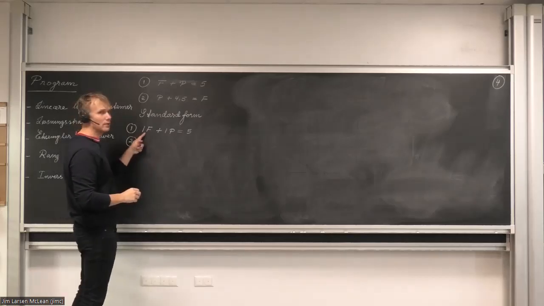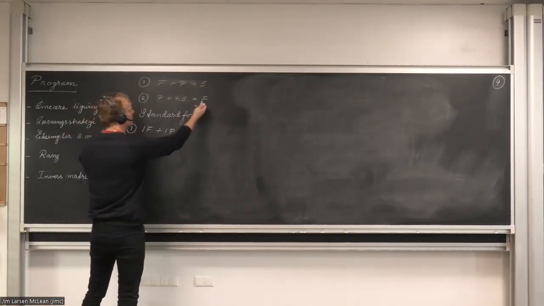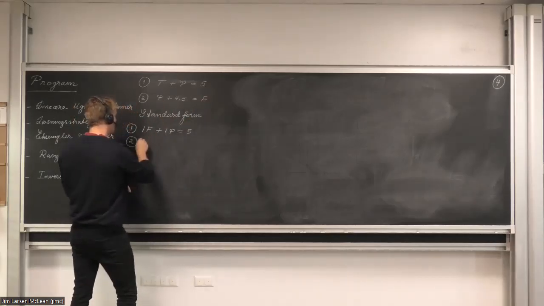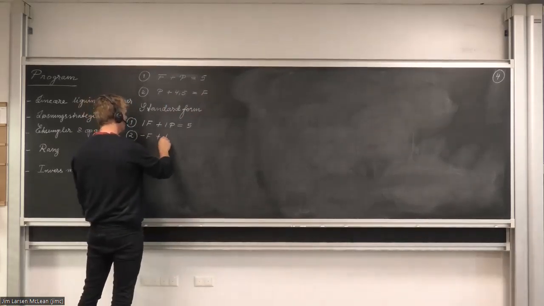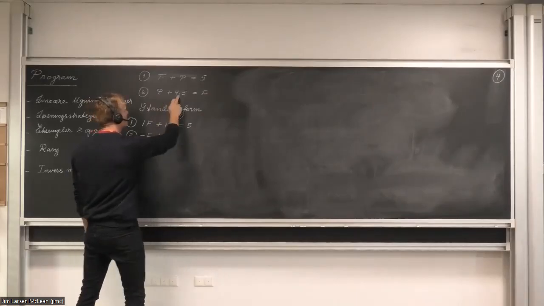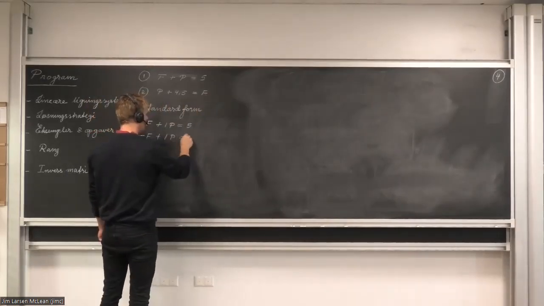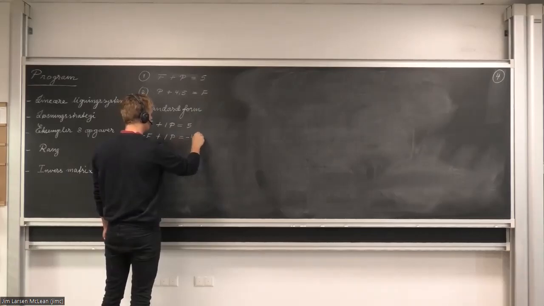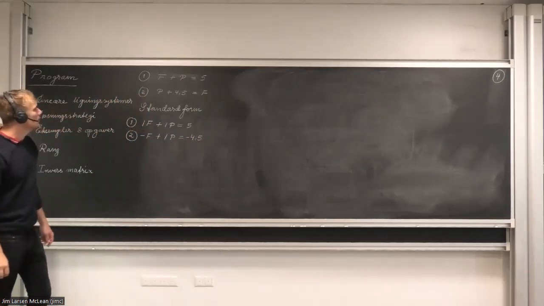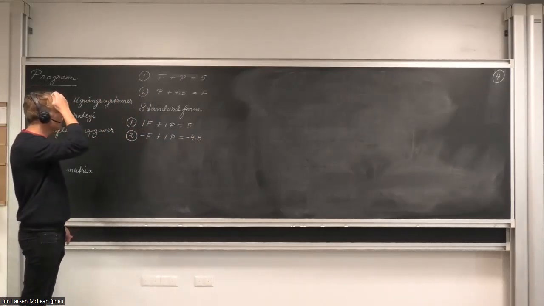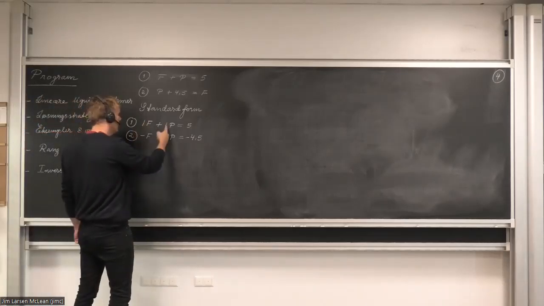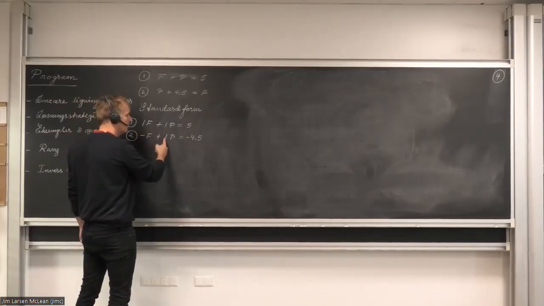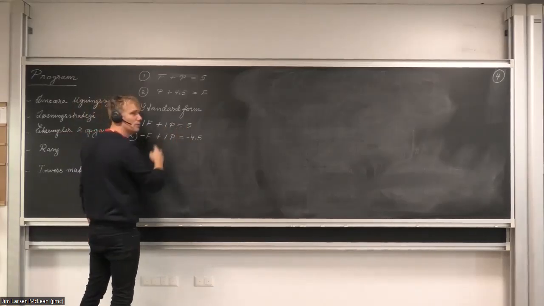Then I need to have F stand here under F. That means if I move F to the other side, it will become minus F, and plus P up here. And then the 4.5 moves over here as minus 4.5. So now I've written the same two equations again, but in standard form. We can directly read off the coefficients 1, 1, minus 1, 1, and the right side becomes 5 and minus 4.5.